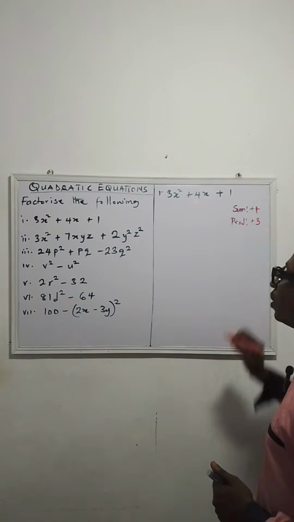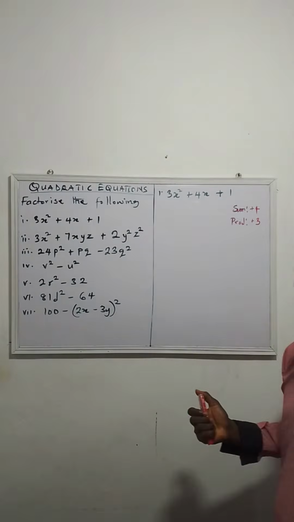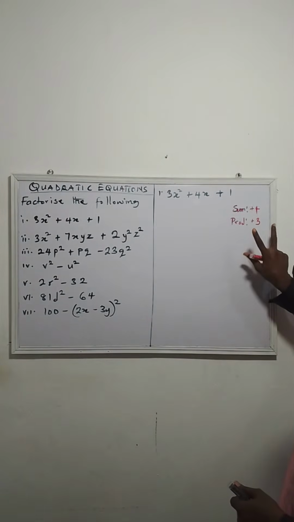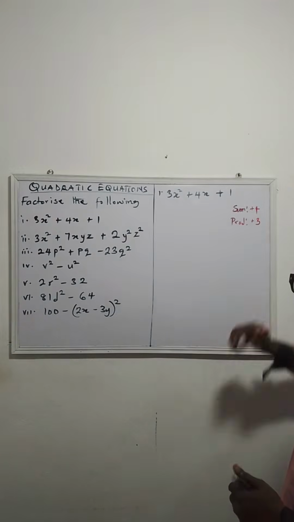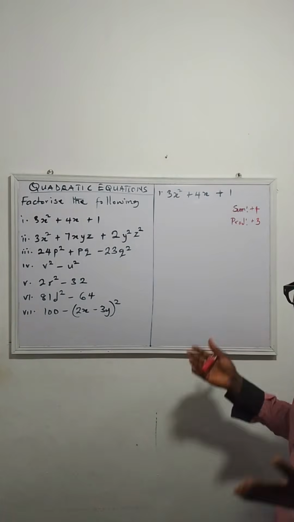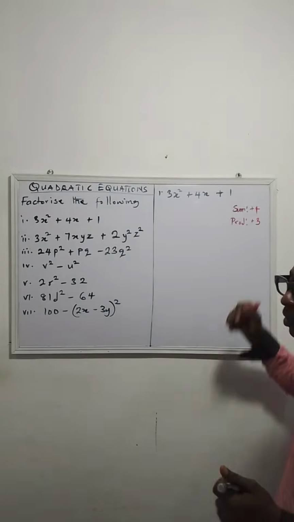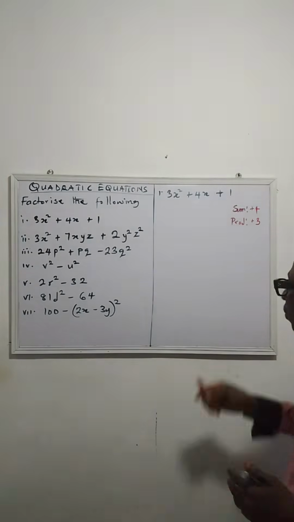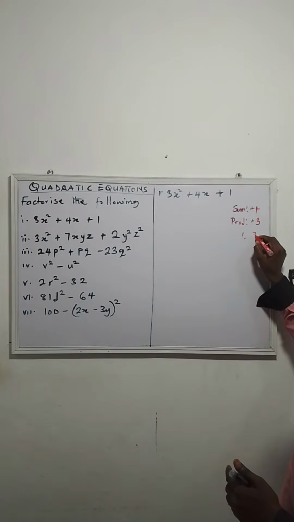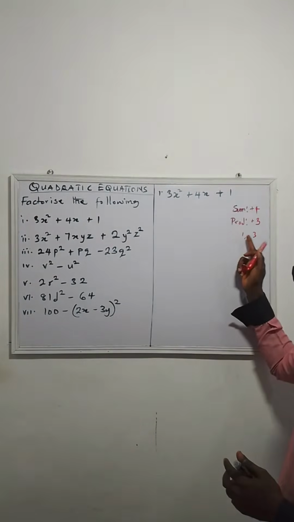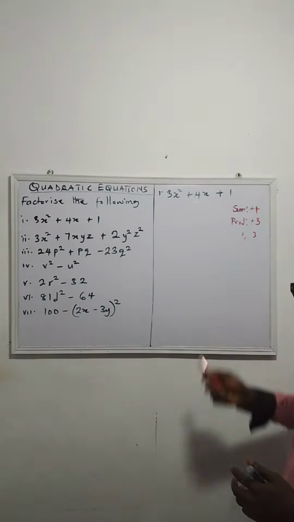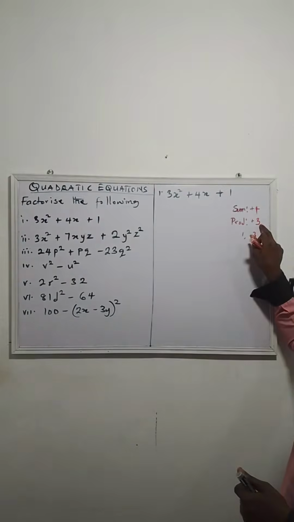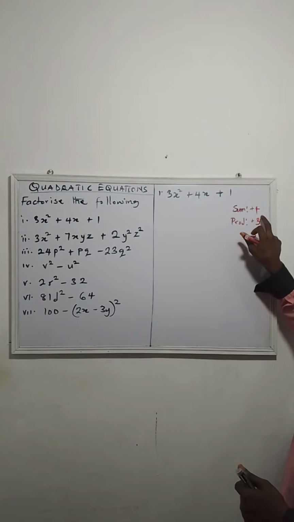Now we need to look for two numbers such that when we multiply them together, we have 3, and when added together, we have 4. What are the two numbers? They must be factors of 3, so we have 1 and 3. When you multiply these together, you have 3, and when added together, you have 4.